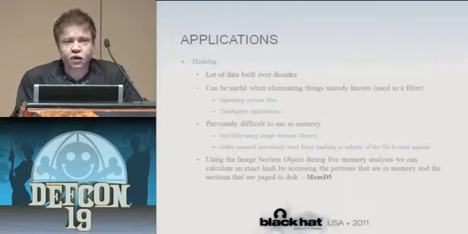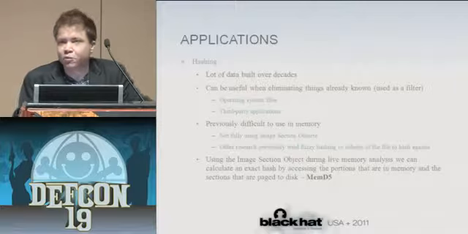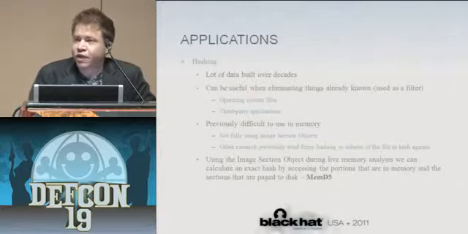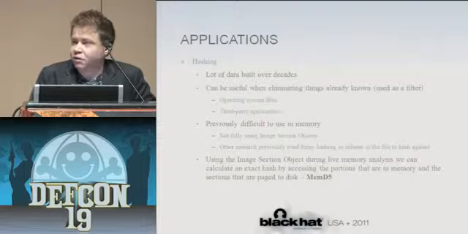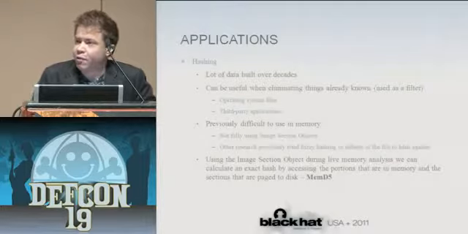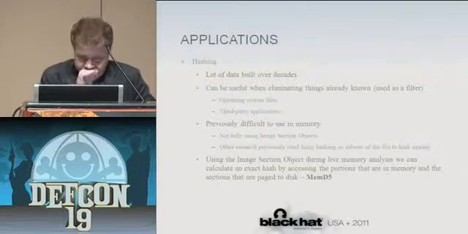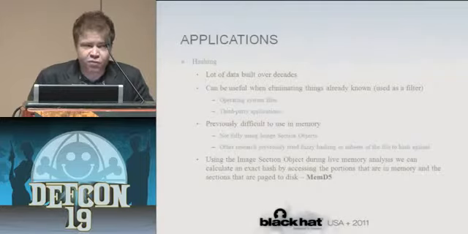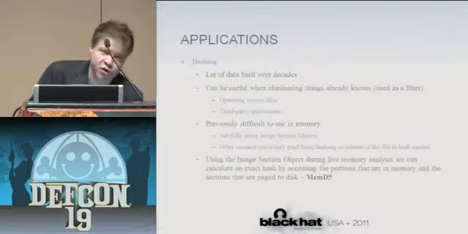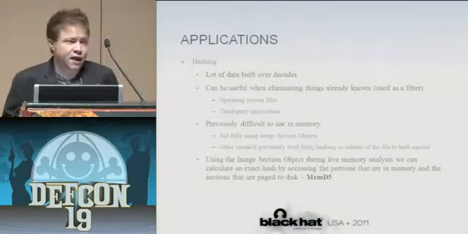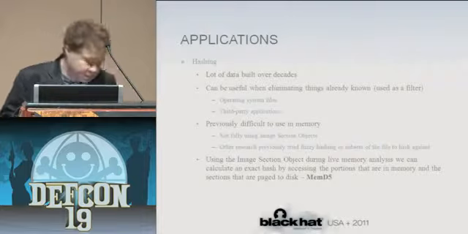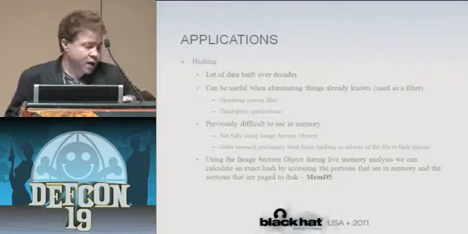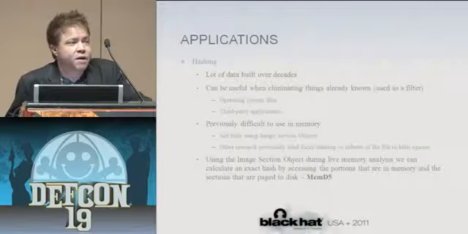So if we could use whitelisting and hashing to eliminate the other components of the operating system that we don't care about, that number would get a lot more manageable. There's been some efforts in the past, not my research, but others, who've done fuzzy hashing and different things like that in order to try to make the hash that's found in memory match the hash on disk.